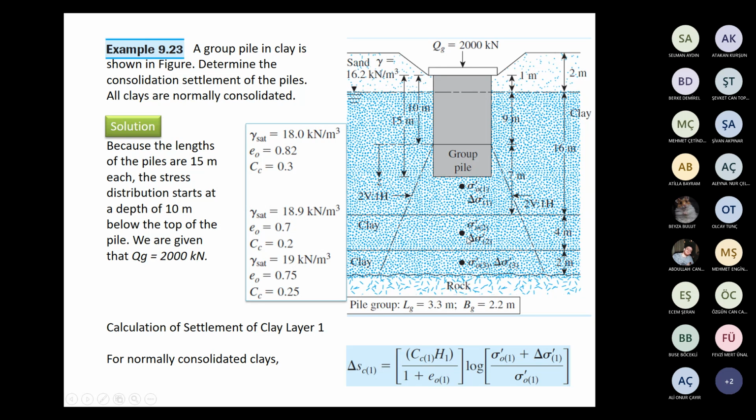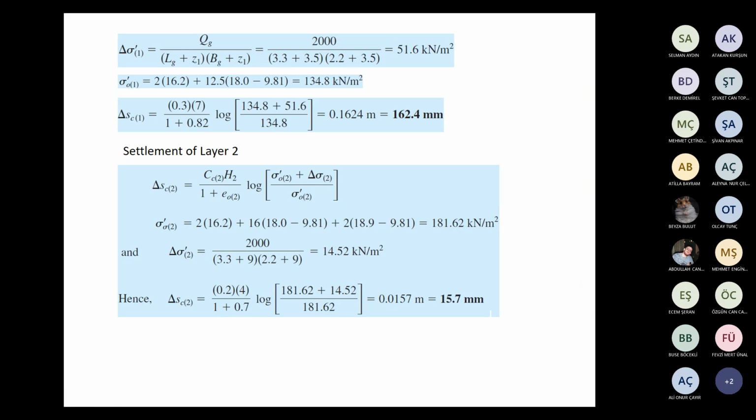Then for the second layer, the thickness is 4 meters and midpoint is 2 meters. Starting from this location, 7 plus 2, that will be 9 meters.